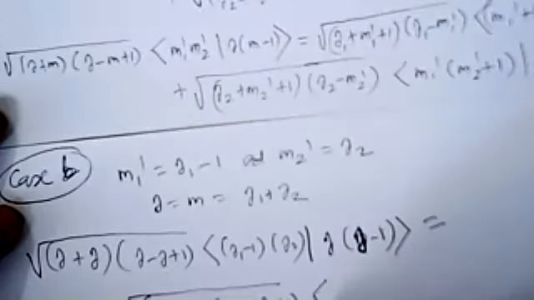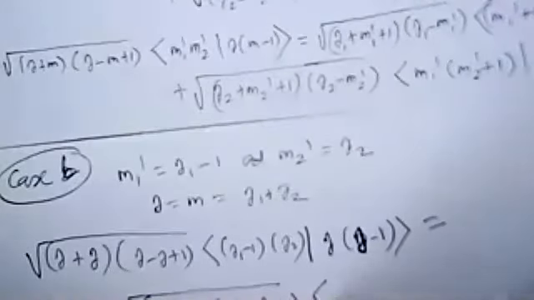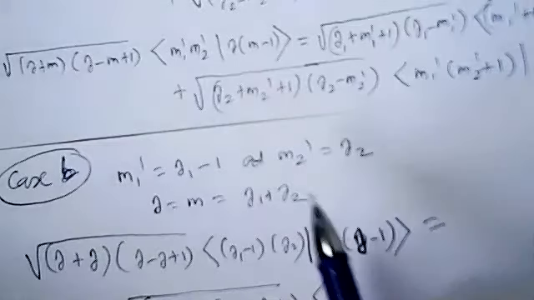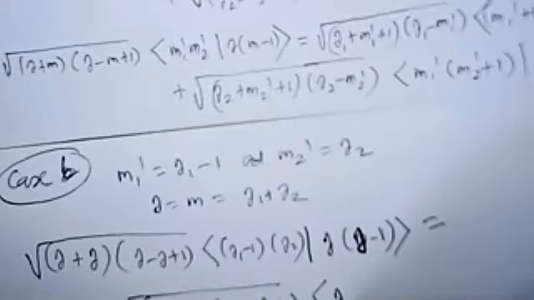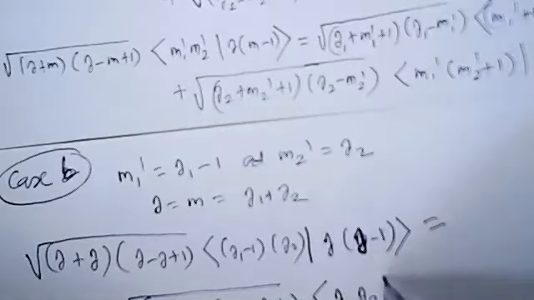Then m1 dash plus 1 is j1, and m2 dash is j2.